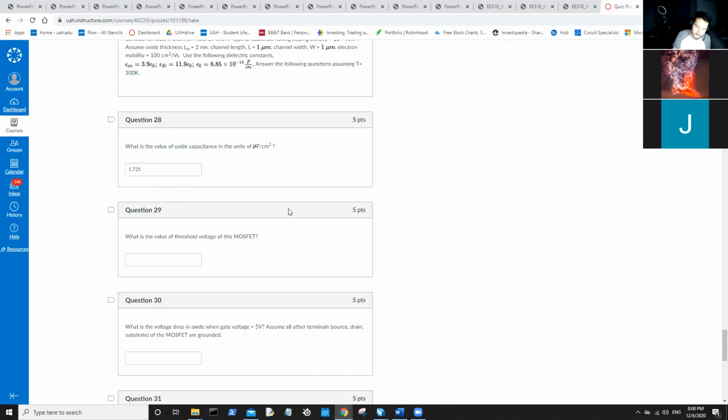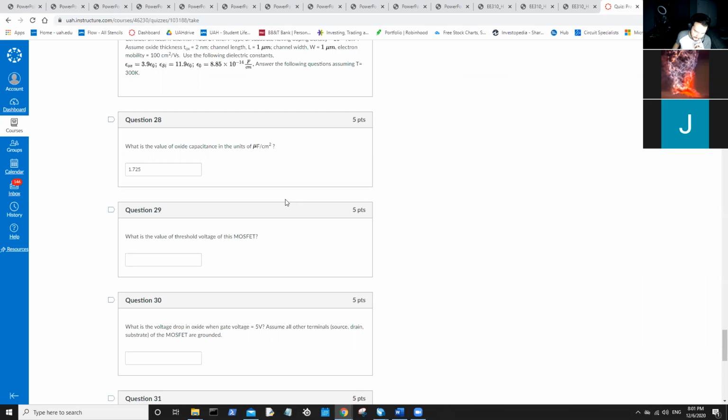Both the voltage in the oxide and the surface potential have their own formulas to solve for them. The voltage in the oxide is going to be equal to Q times Na times TOX over epsilon OX, times WD, the depletion width. And the surface potential is going to be equal to Q Na over 2 epsilon Si, times WD squared.